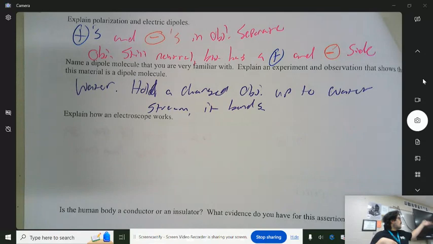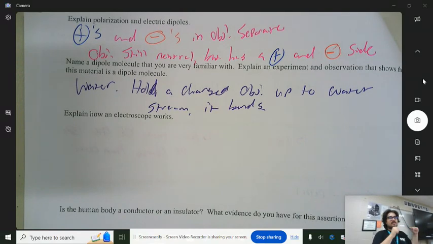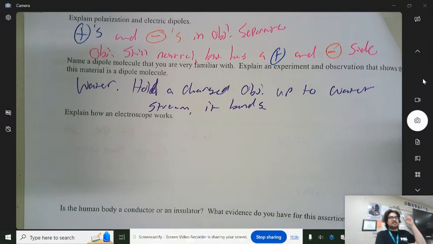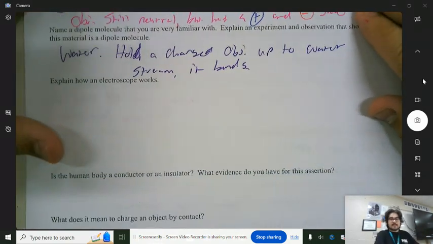If you have a sink with water coming out and you bring a charged rod near it, you can bend the water stream because the water molecules have a positive and a negative side, and they turn to be attracted to the rod. That's how it works.